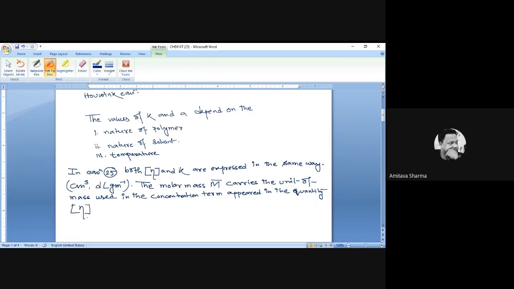So this is the relation between intrinsic viscosity and the average molar mass.